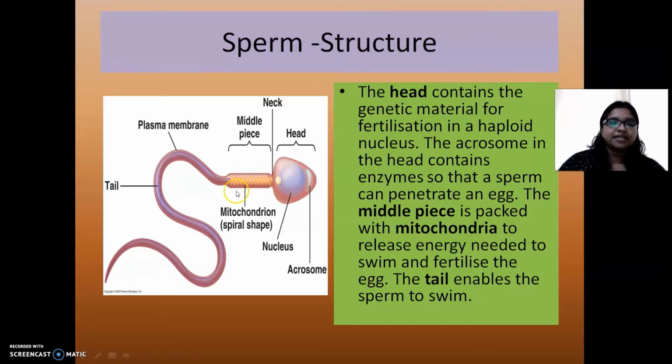The middle piece contains a spiral of mitochondria, which produces energy for the quick movement of the sperms. The tail region enables sperms to swim, and they move fast due to the presence of this tail.